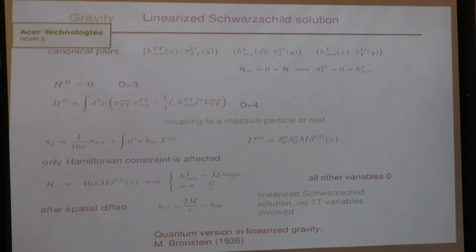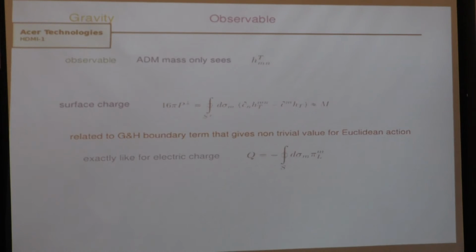But then when you couple a source to the theory, this source plays the role in the linearized theory of the black hole, obviously. When you're far away, you see that this source only excites the trace degrees of freedom. So absolutely no transverse traceless degrees of freedom. And what measures this source? What measures this source is the ADM mass, and the ADM mass also has a longitudinal piece inside.